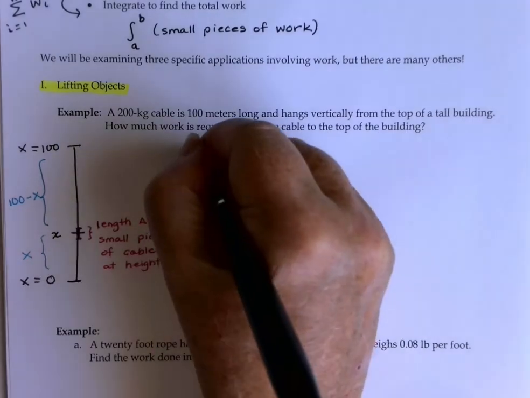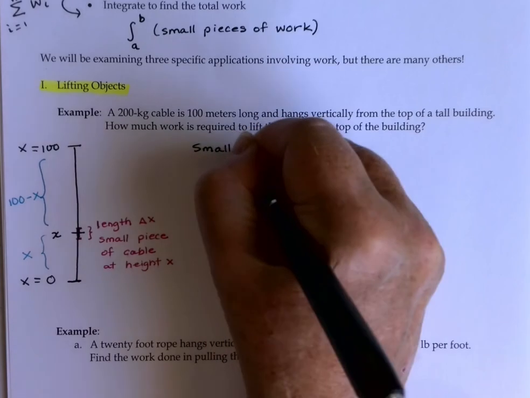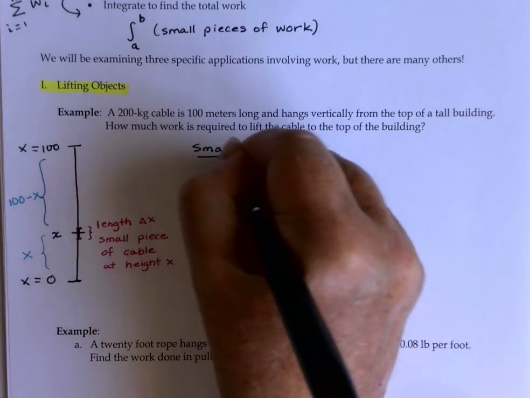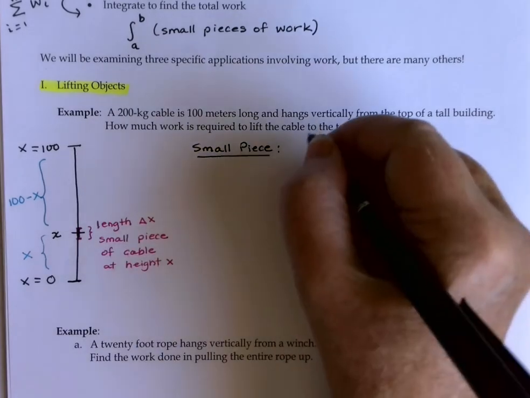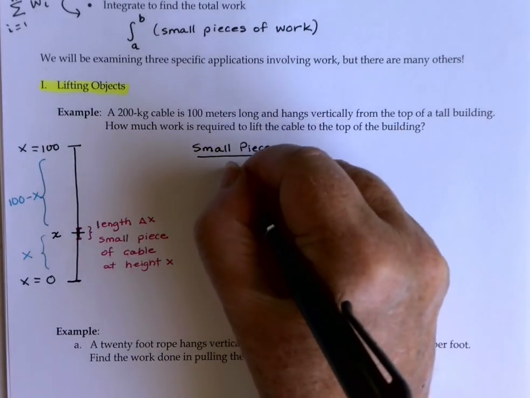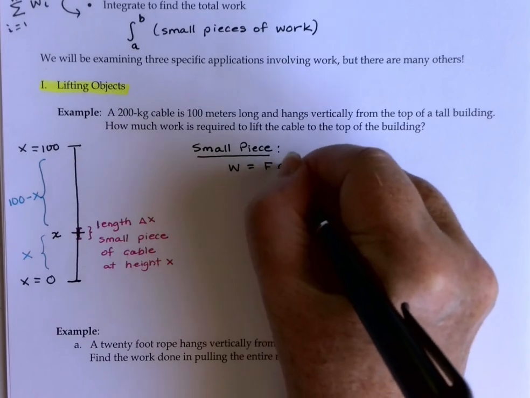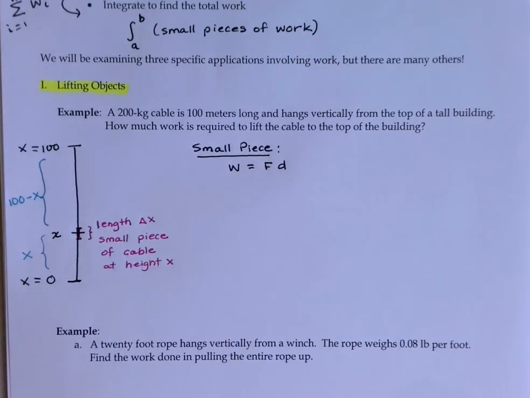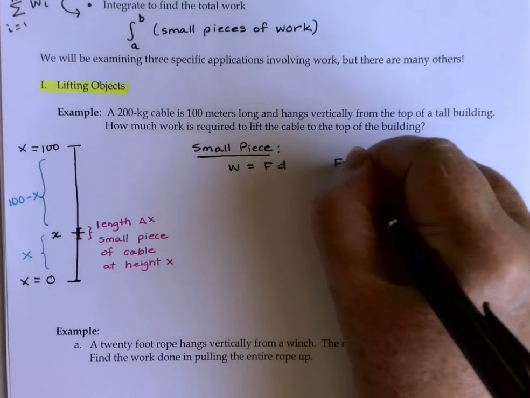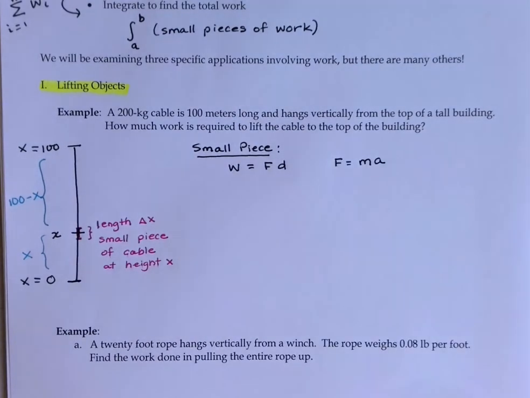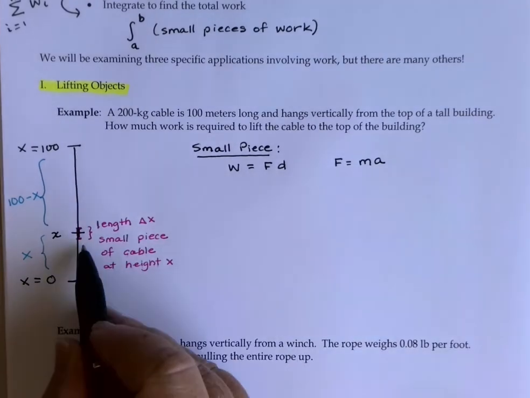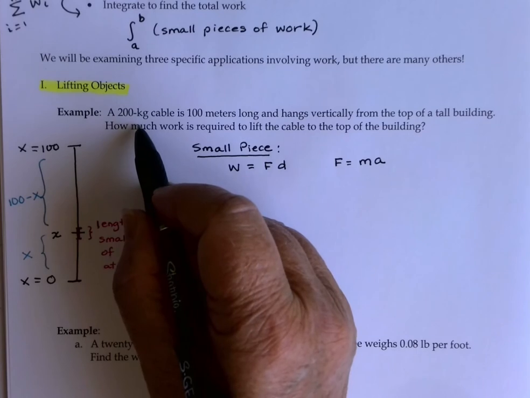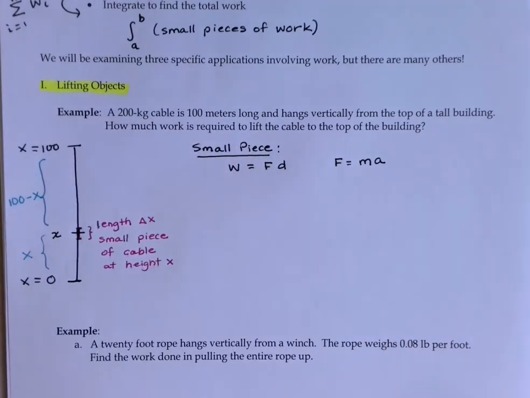So for this small piece, let's create our work equation. We know that work equals force times distance. And I'm not given the force, so I'm going to go to my next level. Force equals mass times acceleration. And the problem is I don't really have the mass for that tiny little piece. I have the mass for the whole cable. But remember, right now I'm only working with a small piece.